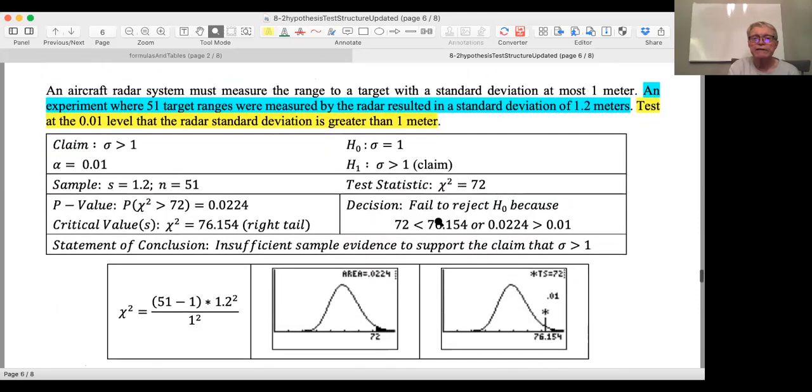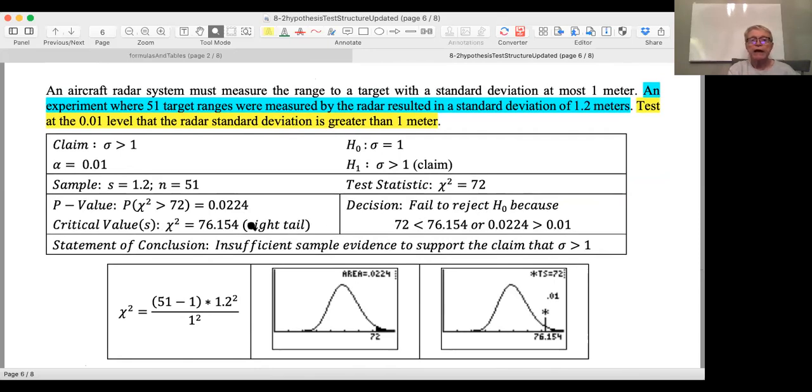Again, let's say that this decision and statement of conclusion is all blank. So we look at the p-value compared to alpha. This is bigger than alpha. Therefore, we will fail to reject because the p-value is greater than the alpha value.